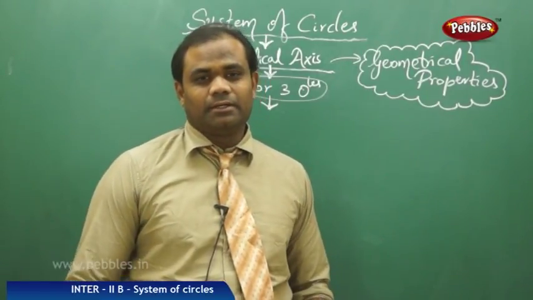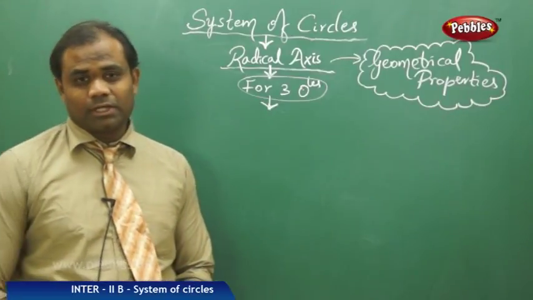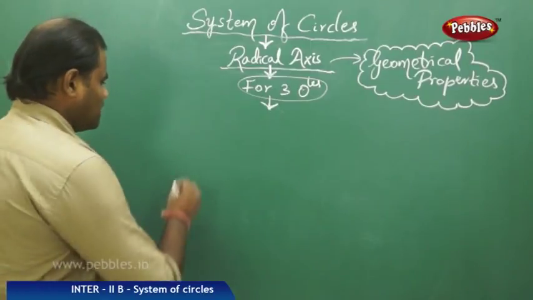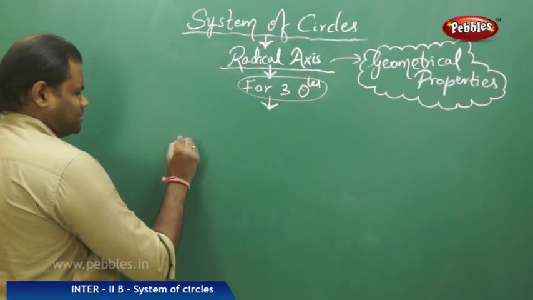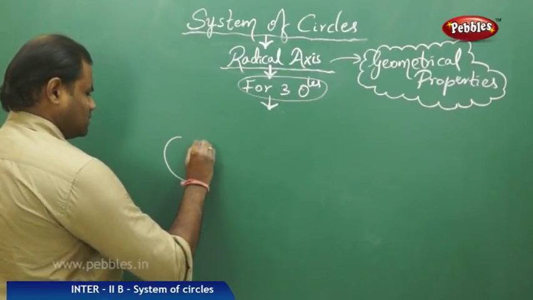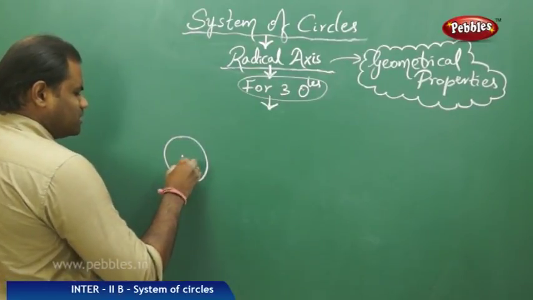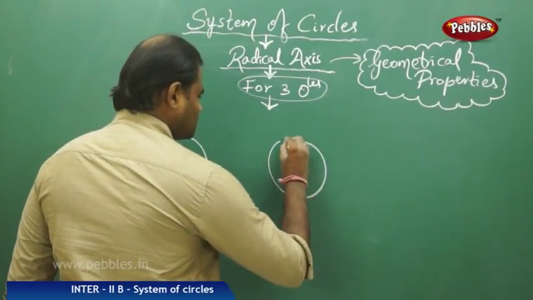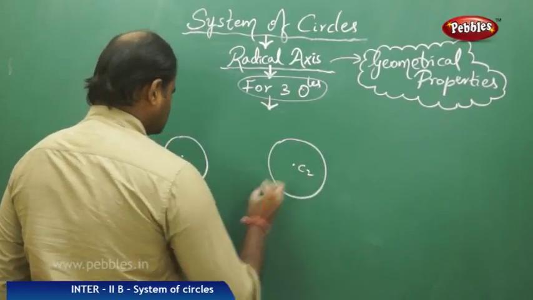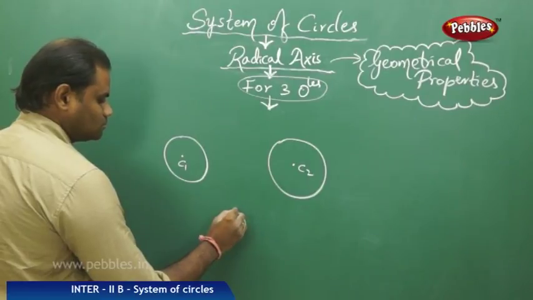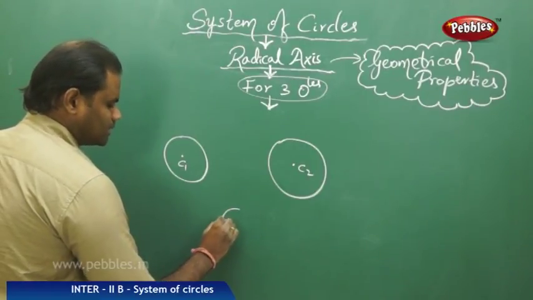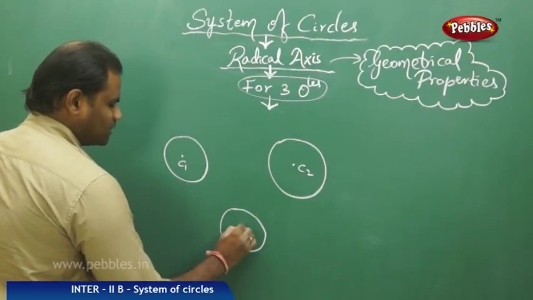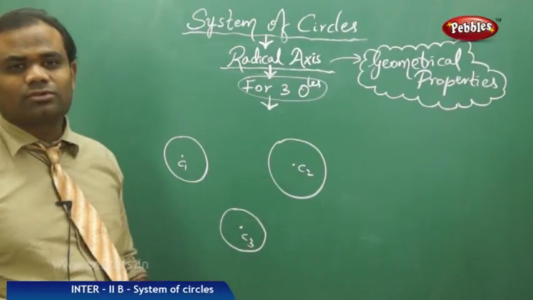Now let me take three circles which have centers that are non-collinear. For example, I take circle 1 with center C1, circle 2 with center C2, and circle 3 with center C3, such that all three are not collinear.